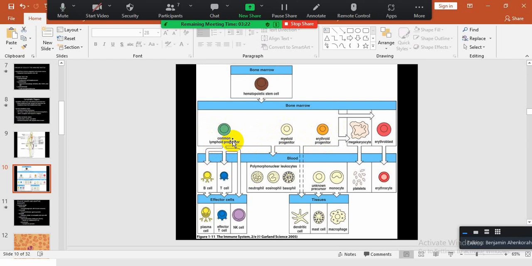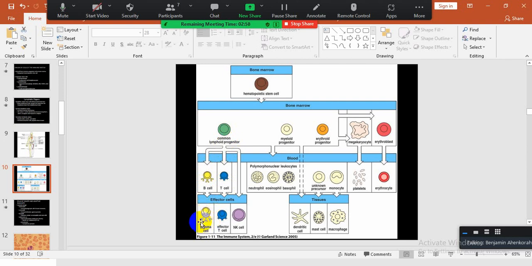The lymphoid progenitor cells produce what? The lymphocytes. And the lymphocytes are called B lymphocyte or B cell, and T lymphocytes or T cells. And the B lymphocyte produces what? Plasma cells. And the plasma cells are the producers of what?